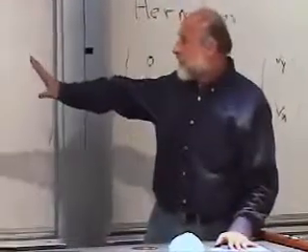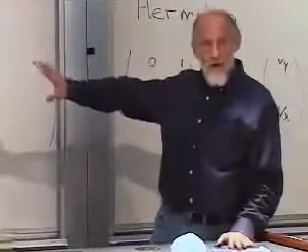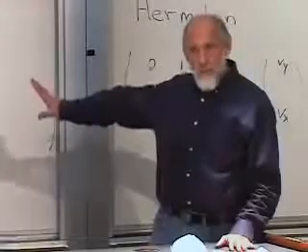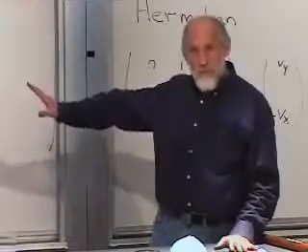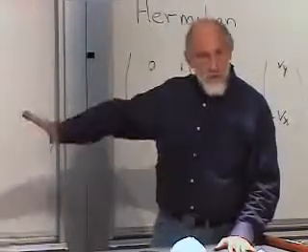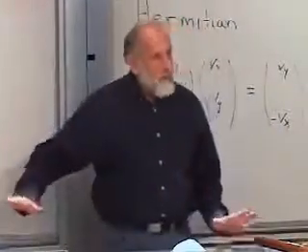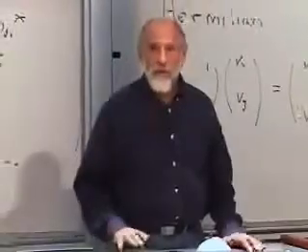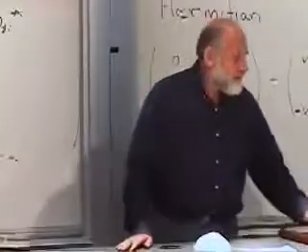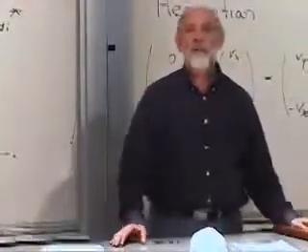We have to go through this bit of mathematics. Once we're through it, Hermitian operators, vectors, and so forth, then the rest is kind of smooth sailing. It's relatively easy stuff. But so far, we've had to spend more time on mathematics than I might have liked. Good, okay.